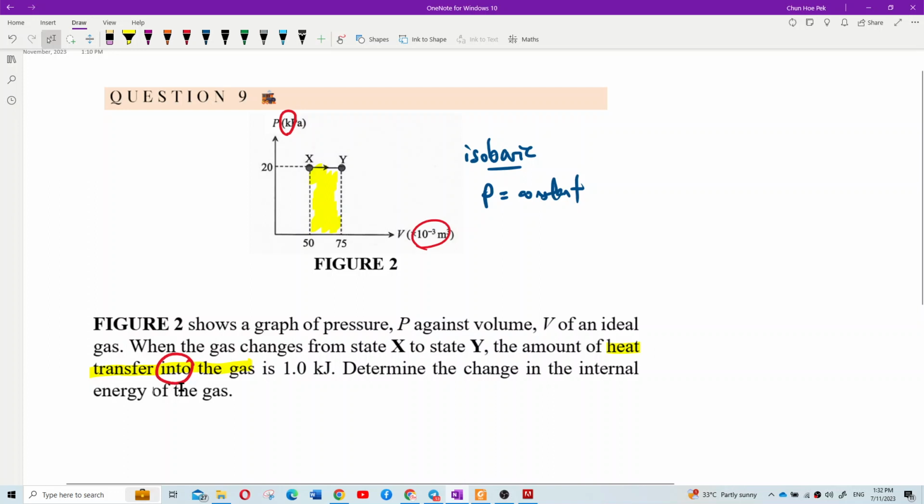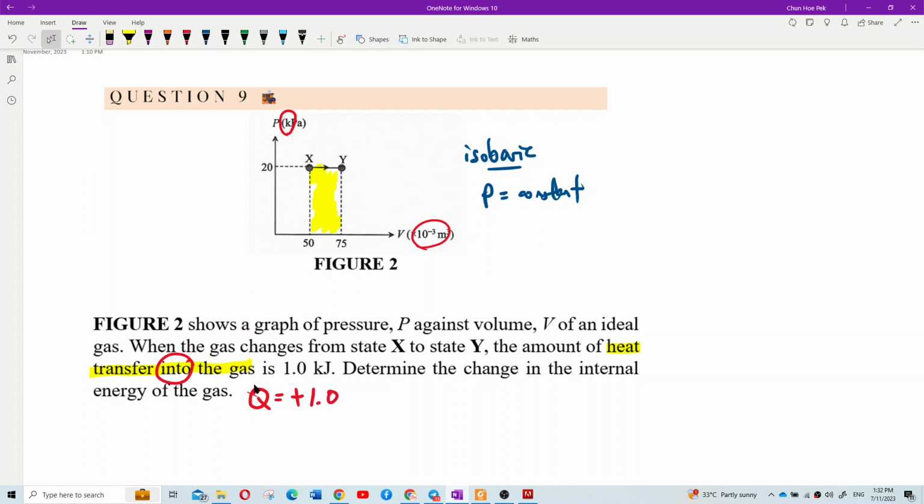Heat absorb, because heat transfers into the gas. So we must know heat absorb is positive. If heat transfers out of the gas, then Q is negative. This one, heat transfer into the gas means heat absorb, Q is positive.